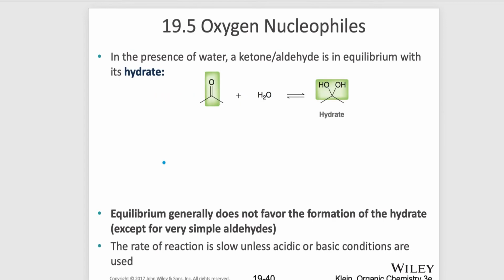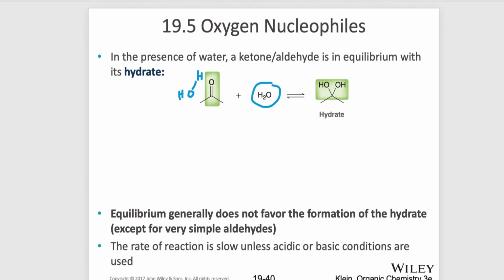So in this segment here, in the presence of water, a ketone or aldehyde is in equilibrium with its hydrate. Hydrate literally means addition of water. So we can think of this as, and this is not to describe a mechanism, but again, I'd like to visualize to maybe help you understand how bonds are made and broken.